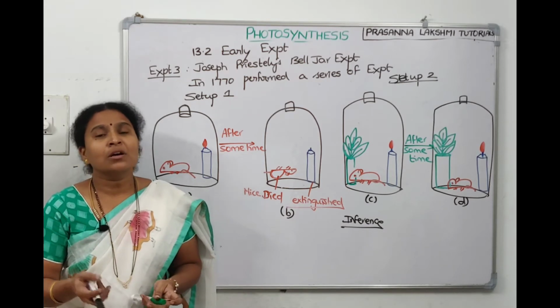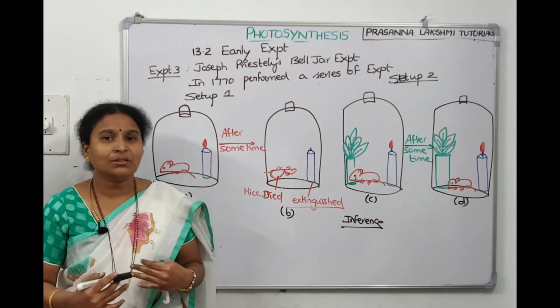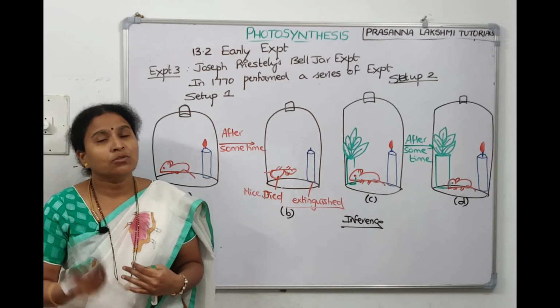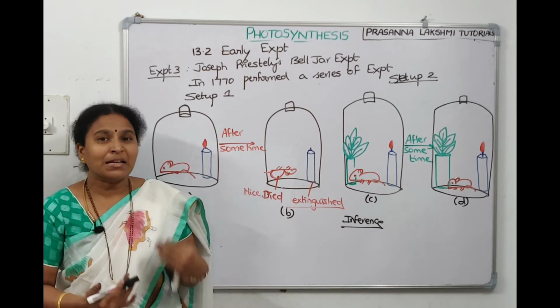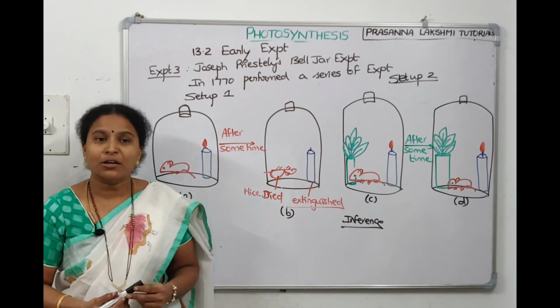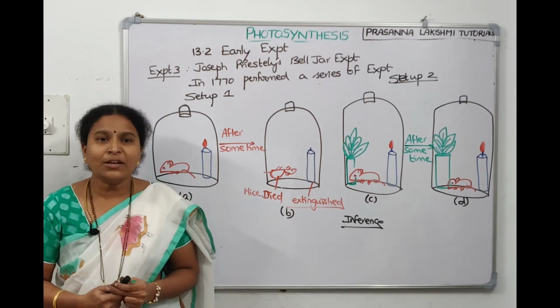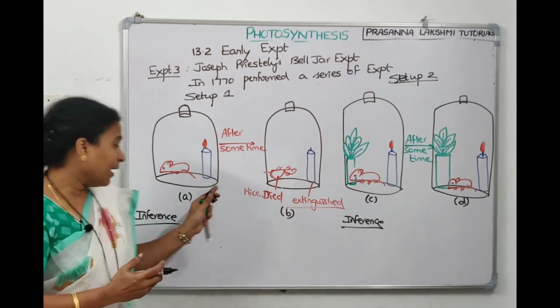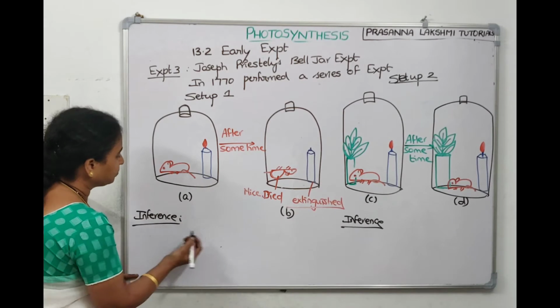Burning candle also, what will it do? It consumes oxygen and it releases carbon dioxide. Using that carbon dioxide, the mice got suffocated, it died, and the burning candle also turned off. So he told that the air got fouled, right?